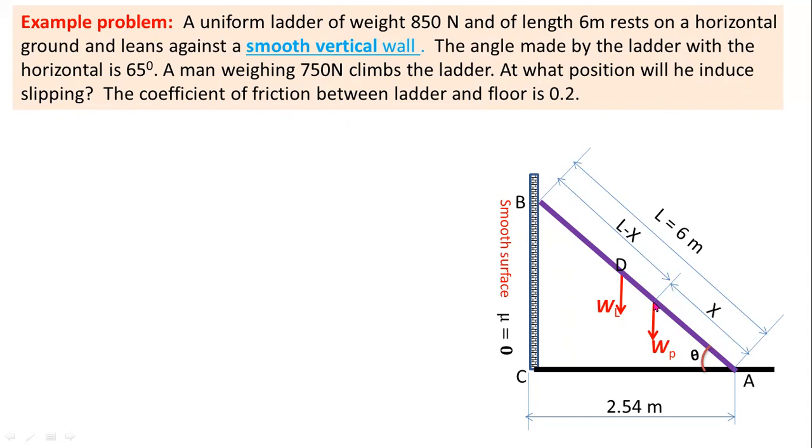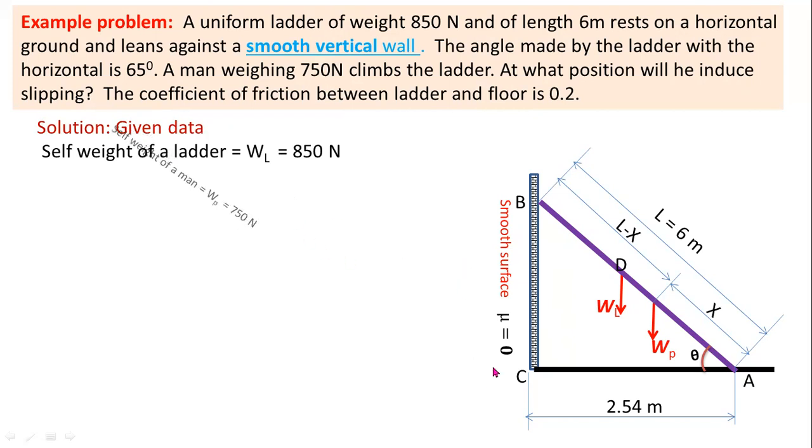Now here the coefficient of friction between the ladder and the floor is given, that is mu equal to 0.2 for this horizontal floor. So the given values are: self weight WL equal to 850 newtons, and weight of a person equal to 750 newtons.